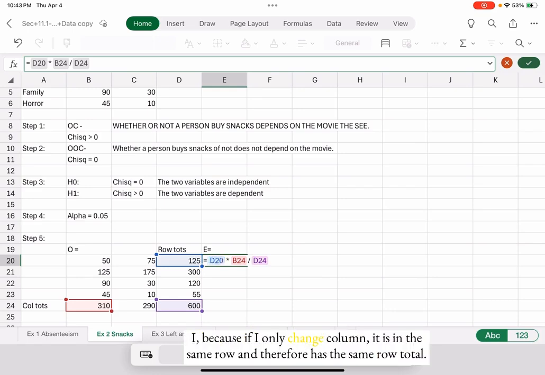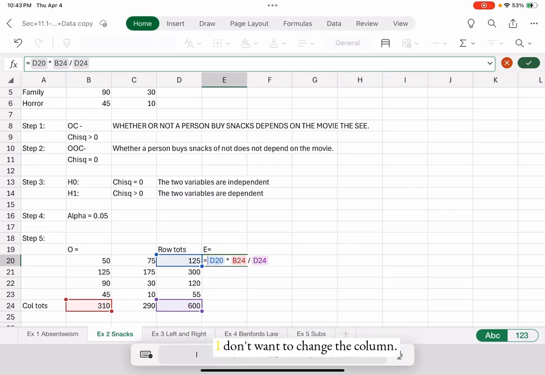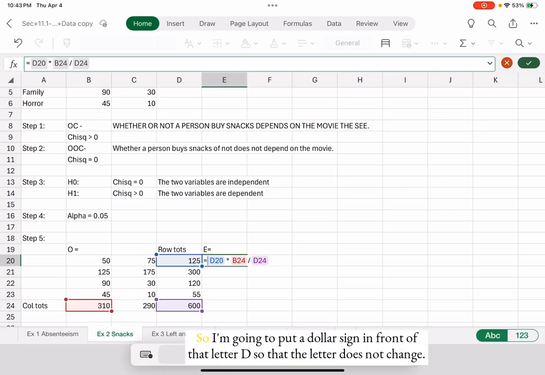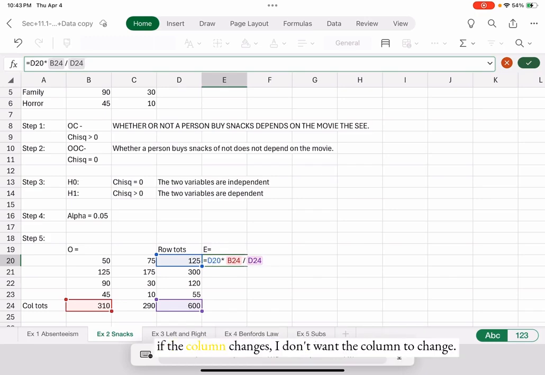Because if I only change column, it is in the same row and therefore has the same row total. I don't want to change the column. The column is indicated by the letter. So I'm going to put a dollar sign in front of that letter D so that the letter does not change. Wait a minute, hold on. If the column changes, I don't want the column to change, so I'm going to go D, just as I thought. I kind of second-guessed myself.